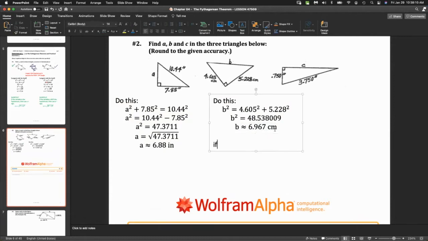If you get 6.966 or 6.968, it's okay. Don't worry. But if you get, for example, 6.978, that's way too far. You want to be reasonable within your accuracy. Usually up or down by 1 digit at the end, I'm good. And of course, don't forget the units. That's just lazy on my part to forget them.